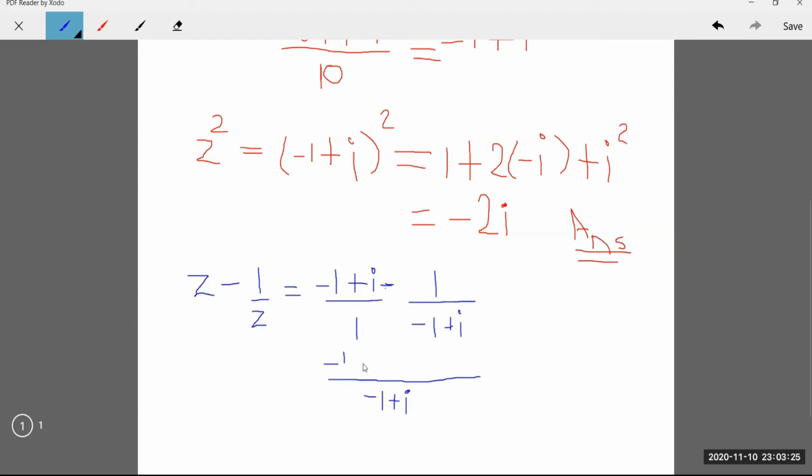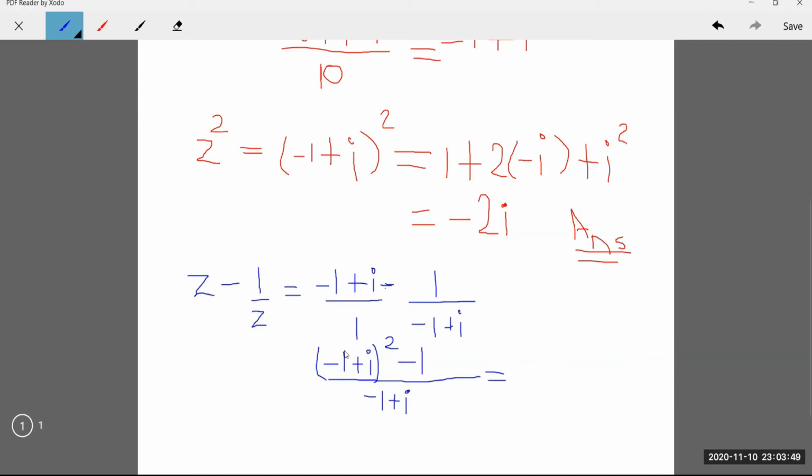So this part works out to be minus 1 plus i squared, and then minus 1. So write it as one fraction. This makes it easier.